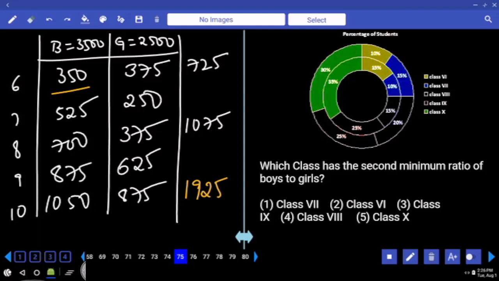Here 250. Difference is 250, which is less than 50%. Difference is again 200 approximate, which is 25%. So answer least fraction among last four should be either 9th class or 10th class. We have doubt in between these two numbers, correct?